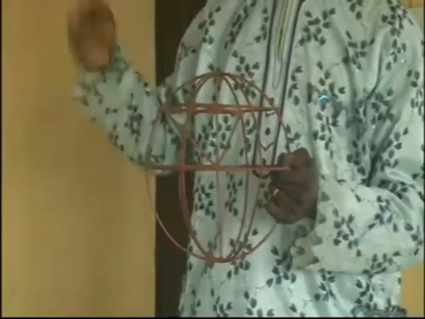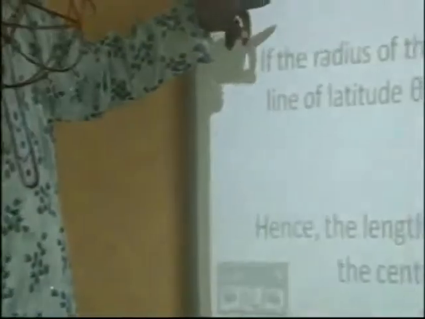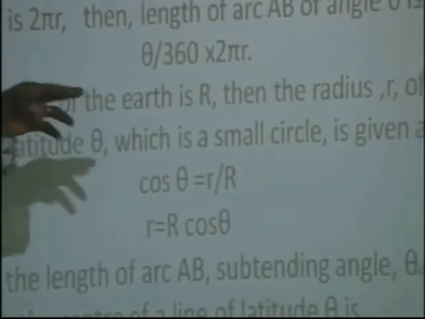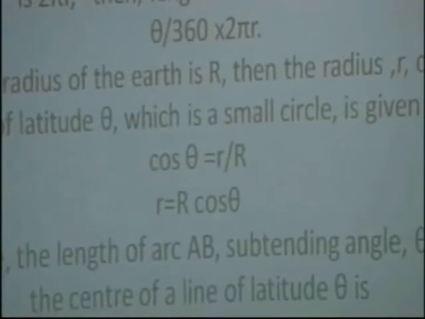Therefore, theta will be theta over 360 times 2 pi r. That was just how they came across that. So, since the length of the whole line of latitude of angle 360 degrees is 2 pi r, the length of arc AB of angle theta is theta over 360 times 2 pi r. If the radius of the earth is big R, then of course this will become big R.